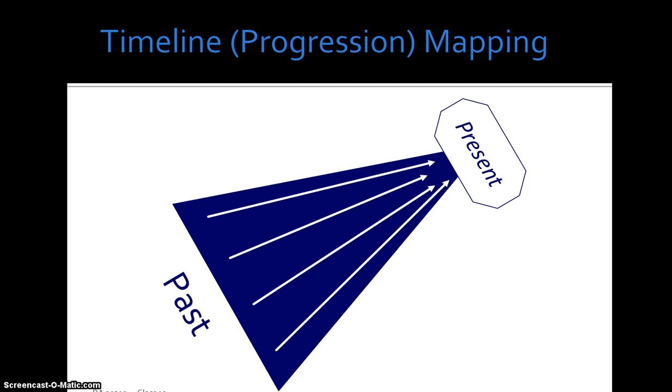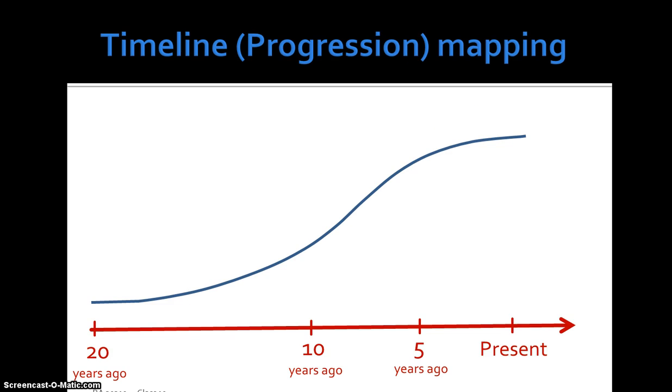And what we'll see is that the past doesn't unfold in a singular sort of mode, but that there's multiple things going on, and that we want to look at multiple timelines.